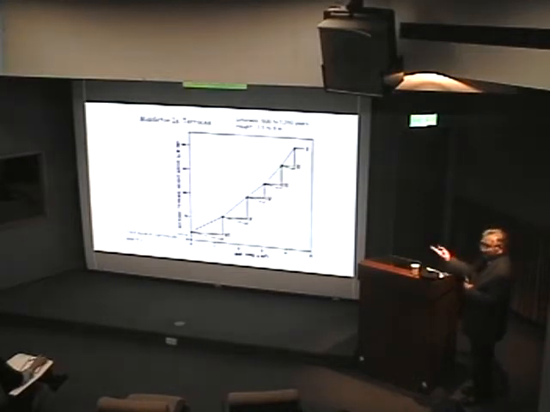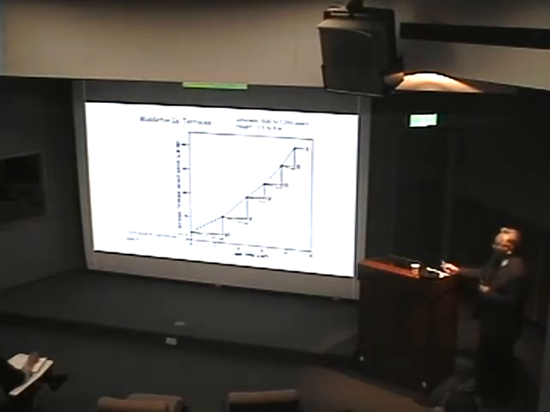Whether you think this is regular or not depends upon your judgment. Long term, this is very regular. However, if you look very carefully, of course, it's not completely uniform. It varies from 3.5 to 9 meters, and the interval varies from 500 to 1,350 years.